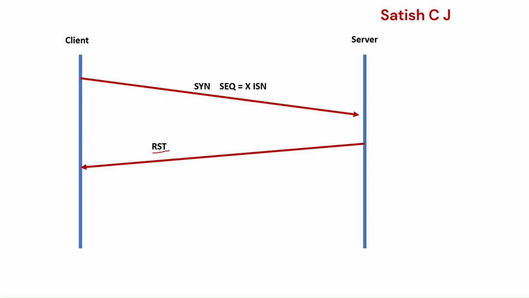So this is a reset packet that will be sent. There is no TCP three-way handshake. The handshake is not complete, so the connection is terminated. This scenario happens when the server is not ready to accept the connection due to various reasons, and it wants to terminate the connection initiated by the client.